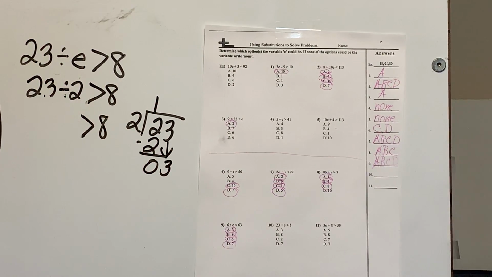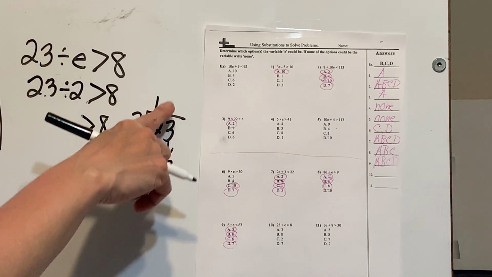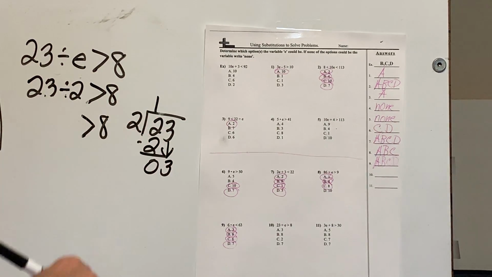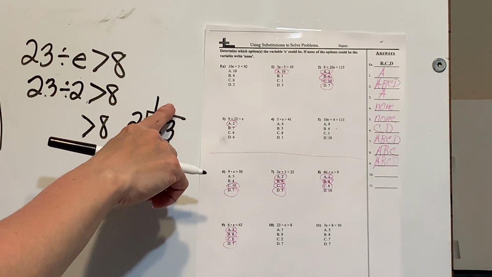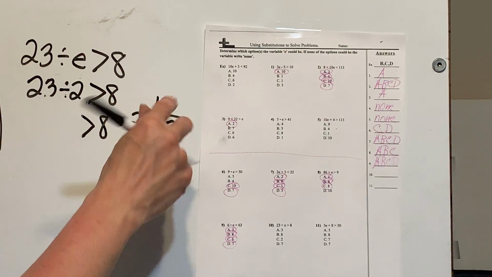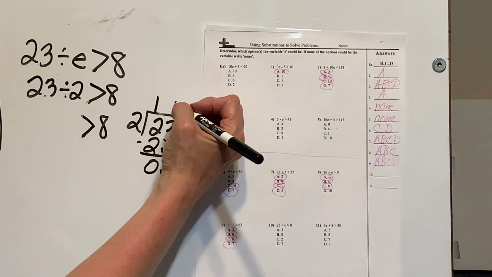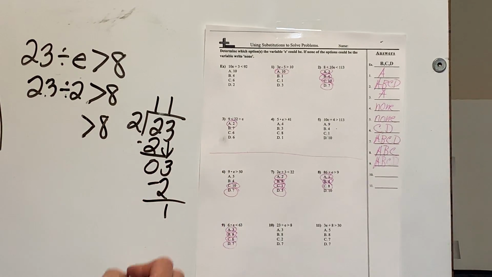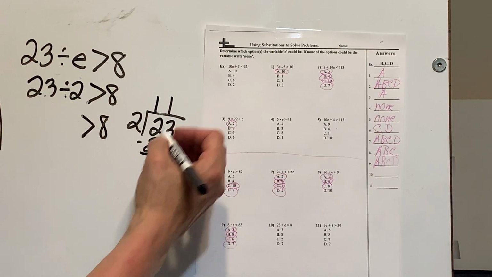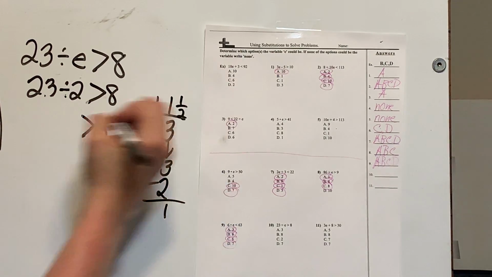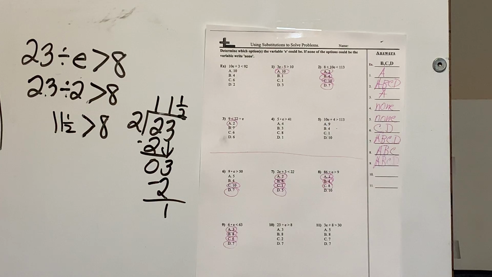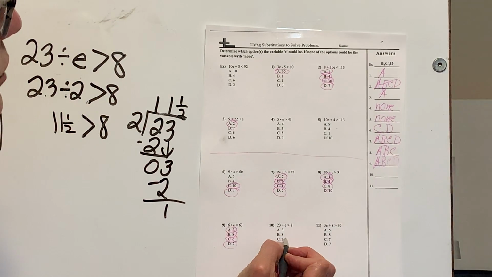So now I'm talking about 3. But that 3 is over here. So the number that I'm using is going to be right here. So I've got 1 times 2 is 2, and 2 times 2 is 4, and that would be too many. So 3 minus 2 is 1. So I've got 11 and a half. 11 and a half is greater than 8. So 2 works.